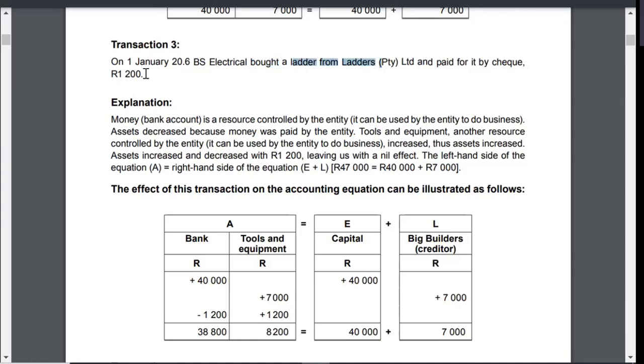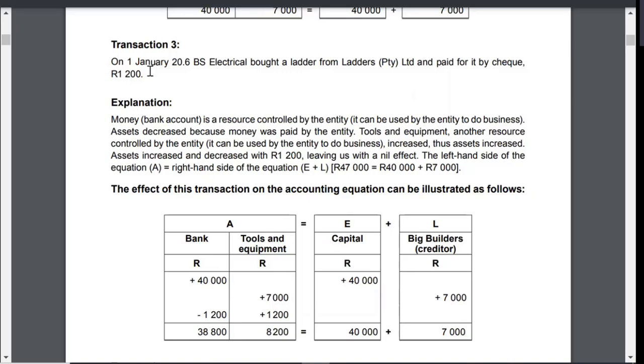So the assets will increase by 1,200, and the bank, which is an asset, will decrease by 1,200. Because money is going out of the business bank account. That's why this will be decreasing.